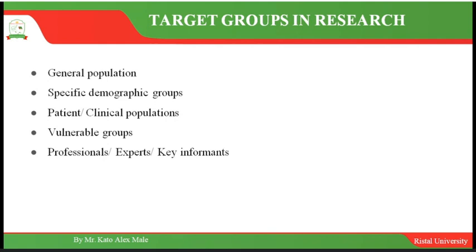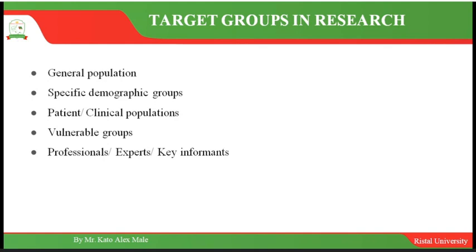So once I do a study on those, that is a patient or clinical population. I can do it on mothers admitted on the ward, or those who attend antenatal care. Sometimes when you are targeting pregnant women, you might not consider the health facility alone, but you have to go to the community and look for the pregnant women.